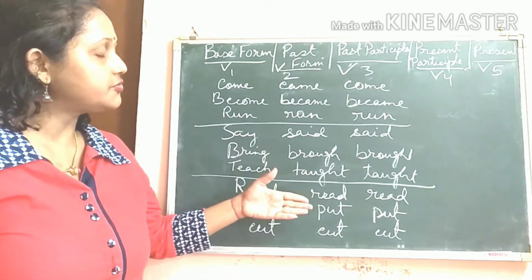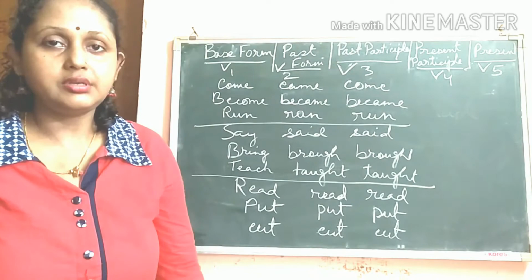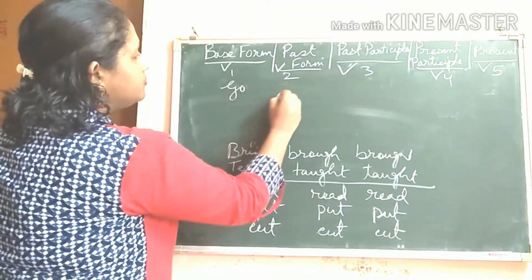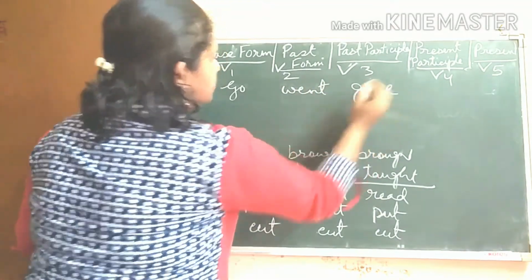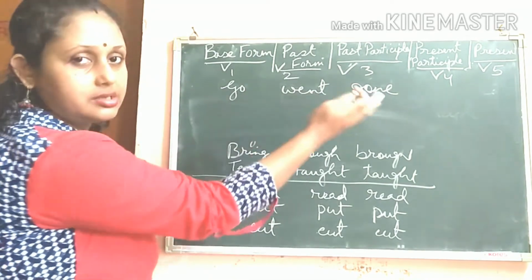Now coming to the last form, that is where all these three forms are separate, different. Okay, let's see. Go, went, gone. Isn't it? These three forms are different. There is no matching between each other.